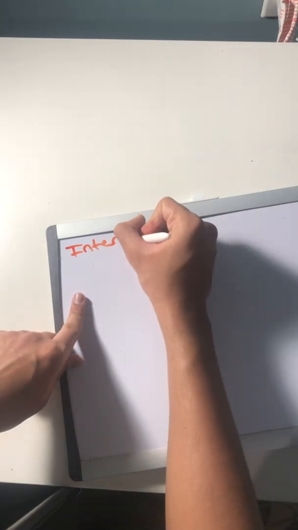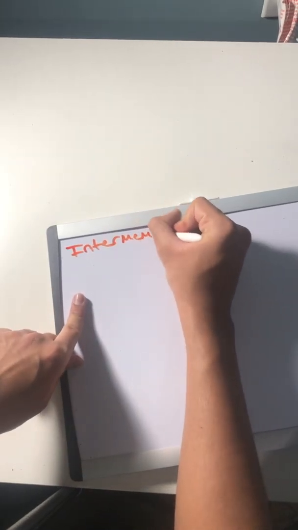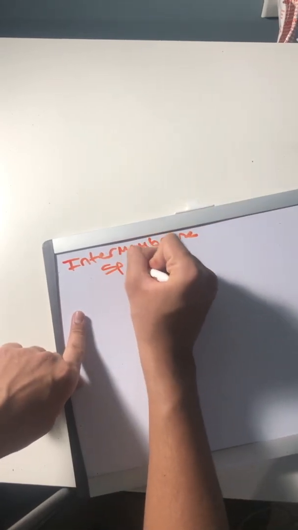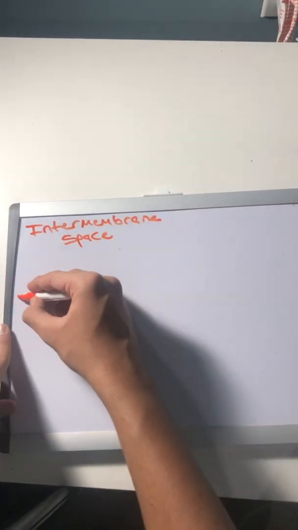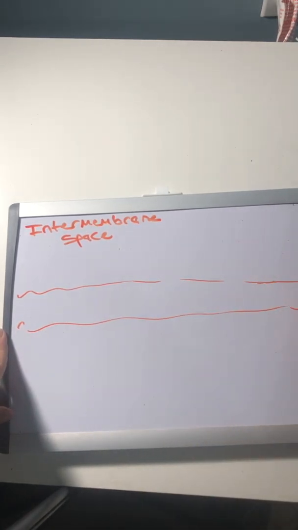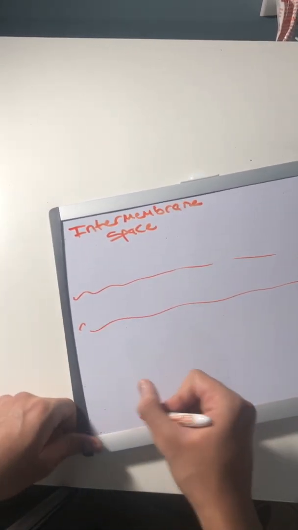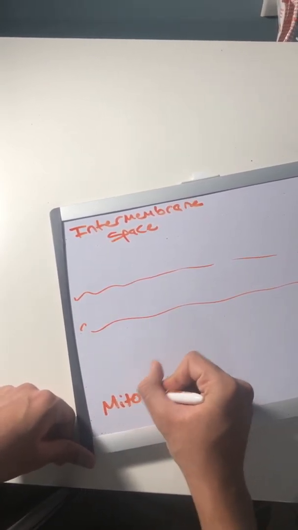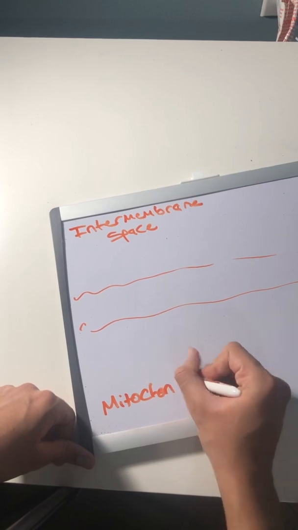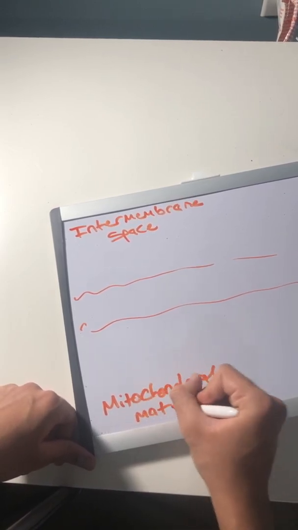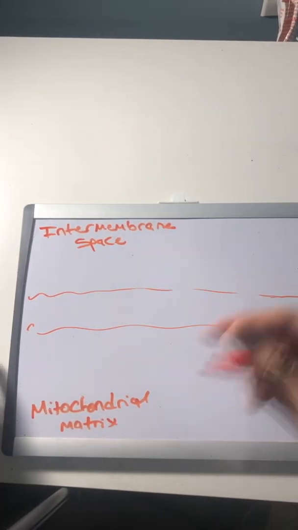There's the intermembrane space, and in the middle is where oxidative phosphorylation is going to occur. Down here is the mitochondrial matrix, and up here is the intermembrane space.